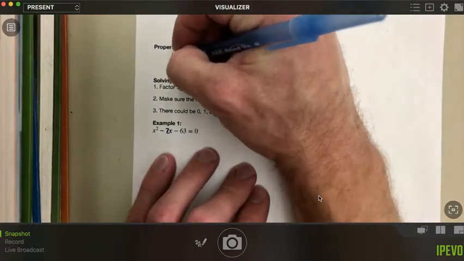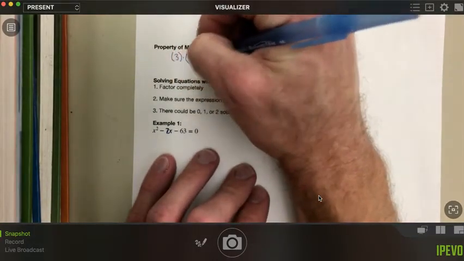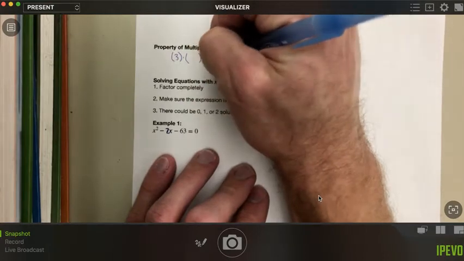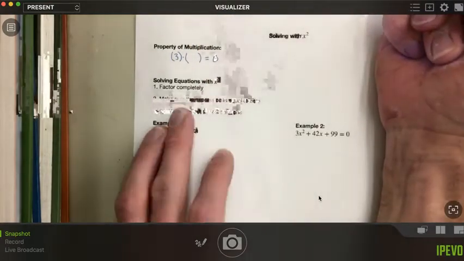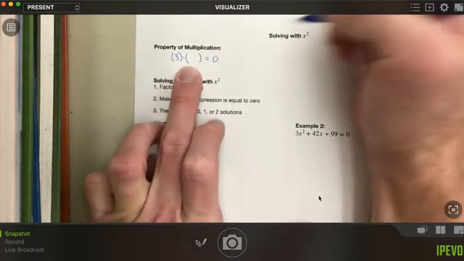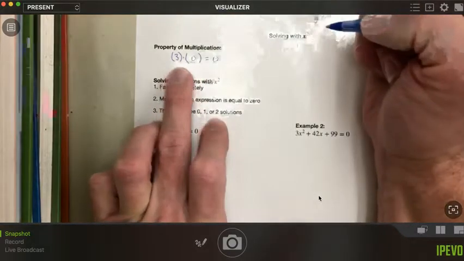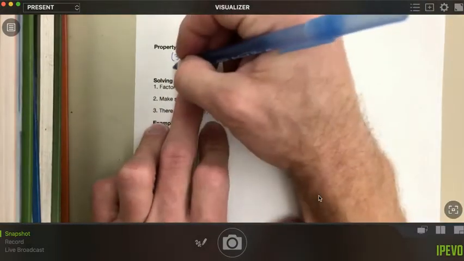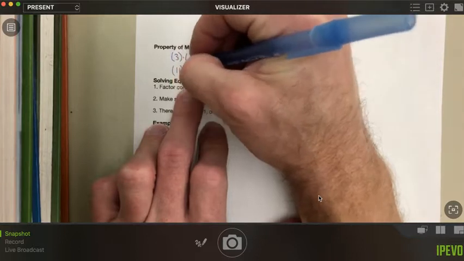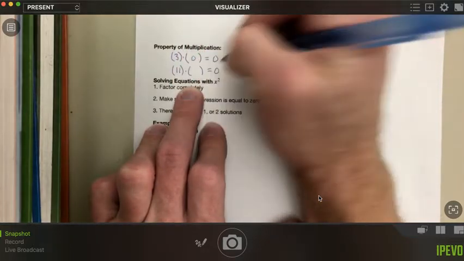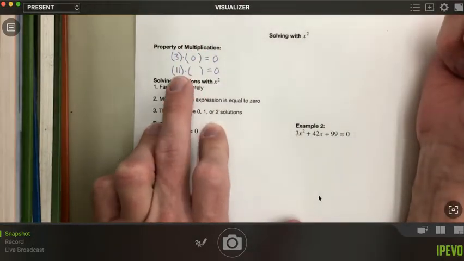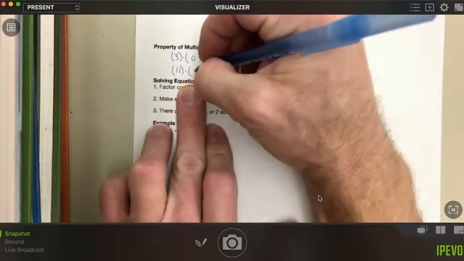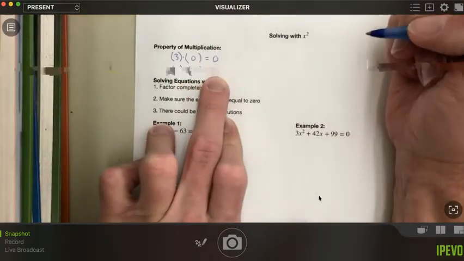So let's say I did 3 times some number and said it equals 0. Well, in this case, it would have to be 0 because 3 times 0 equals 0. Or if I did 11 times some number equals 0. Well, once again, 11 times 0 is 0.